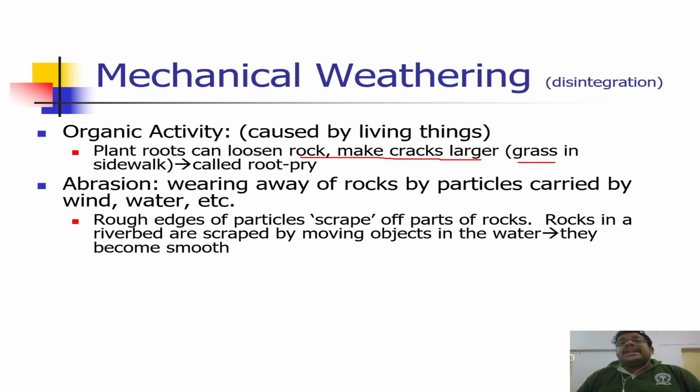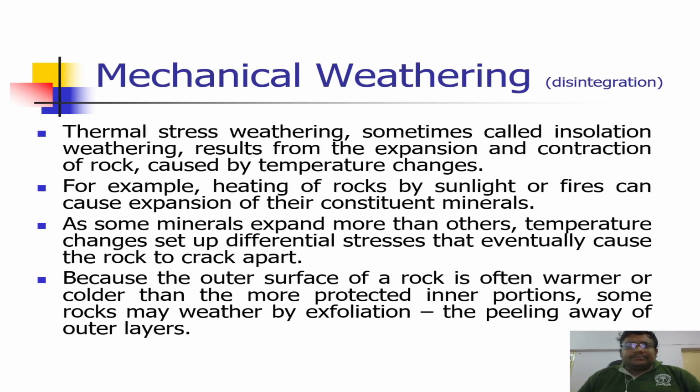The rough edges of particles scrape off part of the rocks, and rocks in a river bed are scraped by moving objects in the water and as a result become smooth. So you can see there is a change in size or shape. This is a good example of mechanical weathering or disintegration.